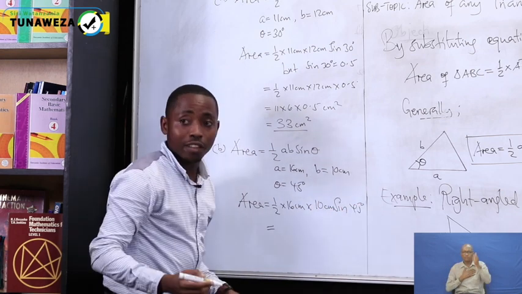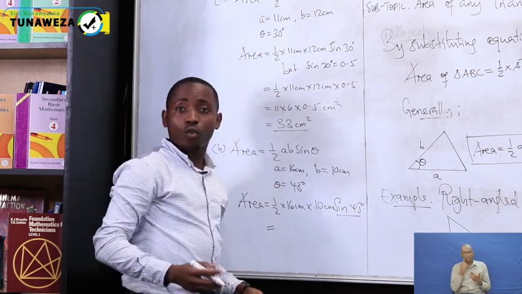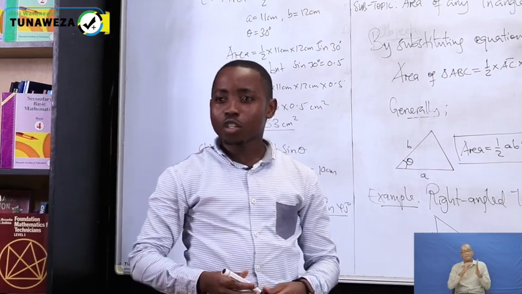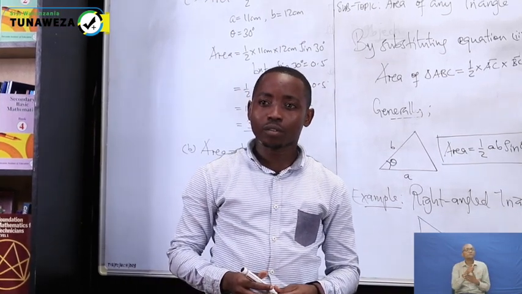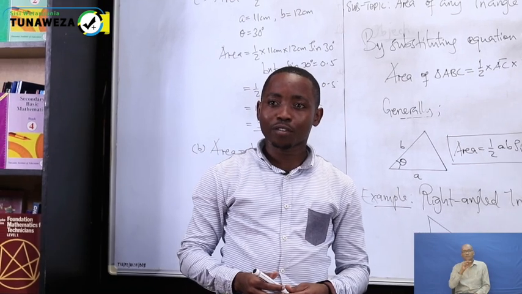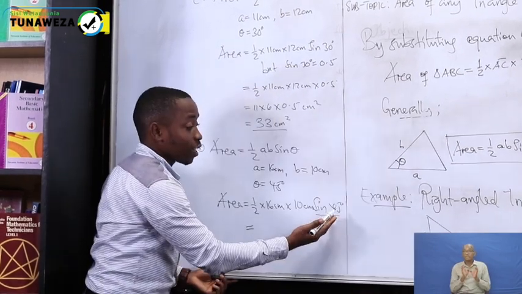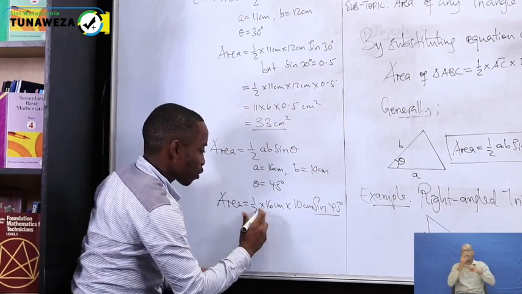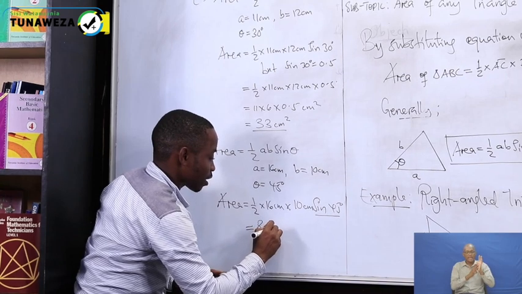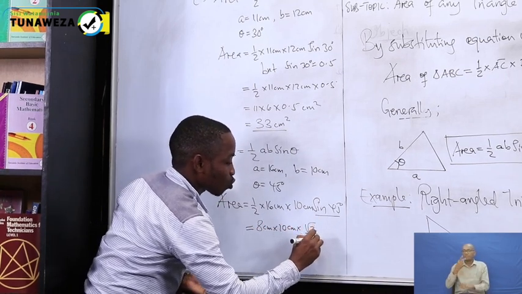Once you read in your mathematical table, what is the value of sine 45? It is a special angle whose value is radical 2 over 2. So this can be 8 centimeters times 10 centimeters times radical 2 over 2.